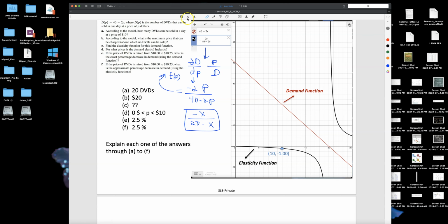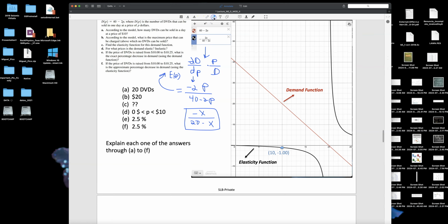So let me make a sketch here. For instance, if I'm here, the elasticity is not going to be linear. Actually, the elasticity is more like a parabolic function; it follows a trend that is no longer linear.